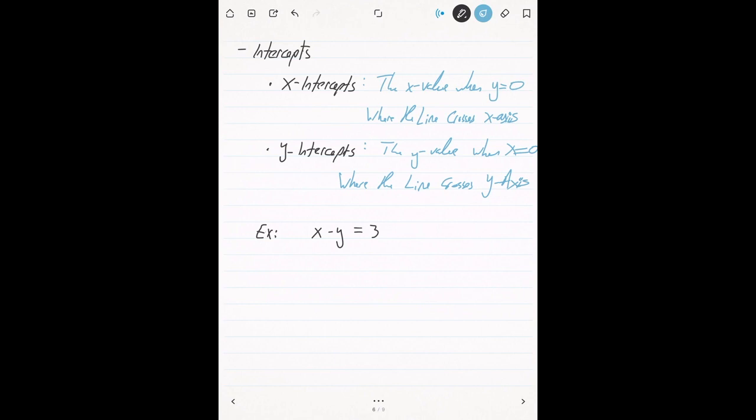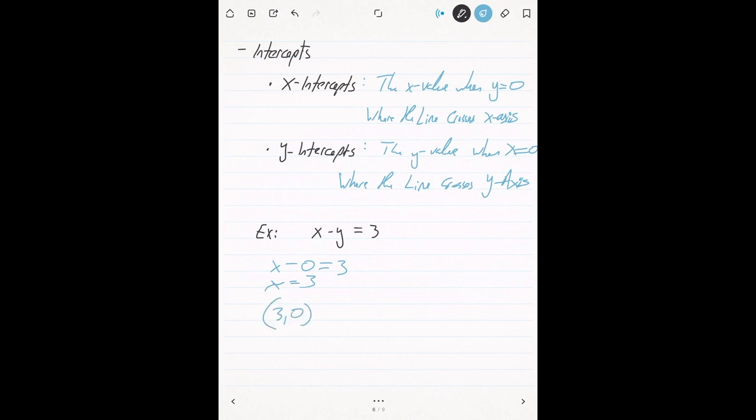Let's take a look at our previous example of x minus y is equal to 3, and let's see if we can find the intercept values for this equation. So to find the x-intercept, that's when y is 0. So x minus 0 is 3. Okay, x is equal to 3.